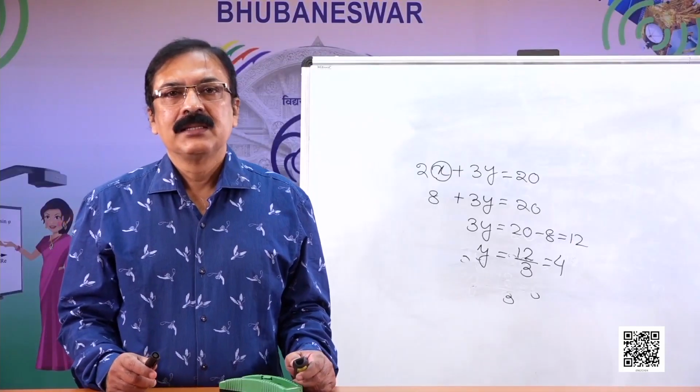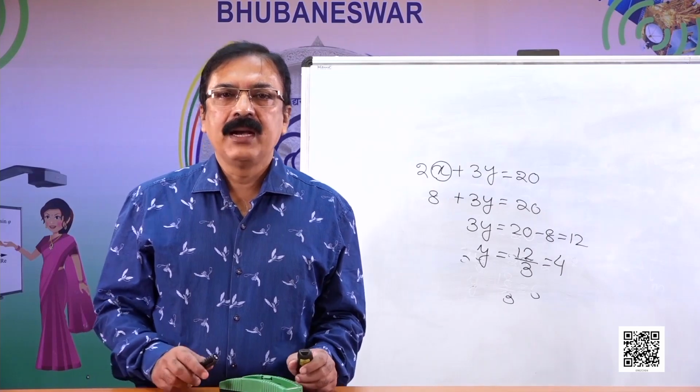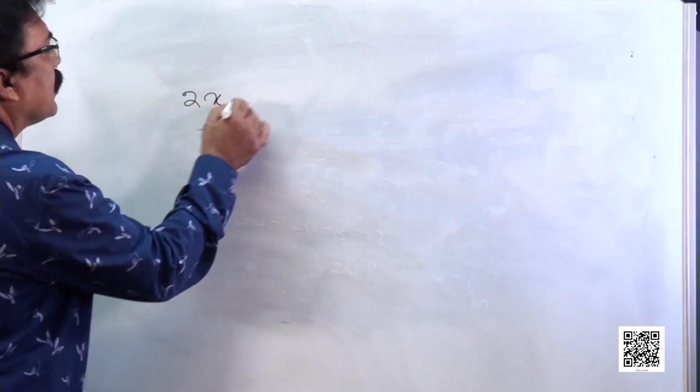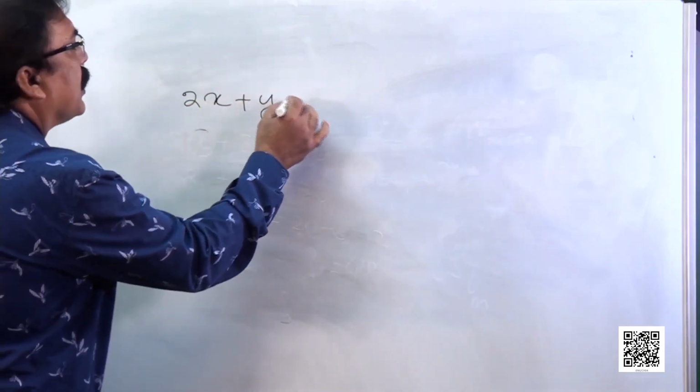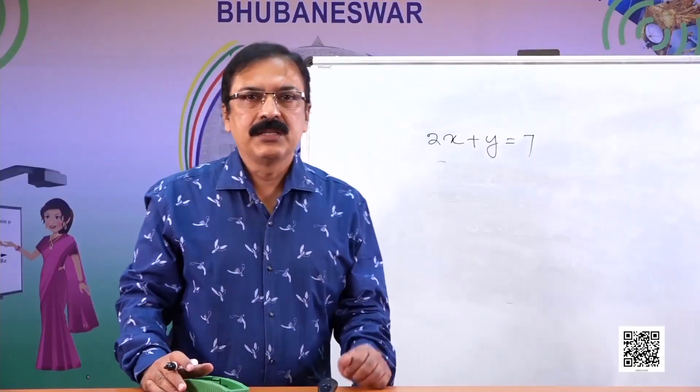Now let's do some sums. Find 4 solutions of the equation 2x plus y is equal to 7. It is not necessary that we will get the solution in integers only.